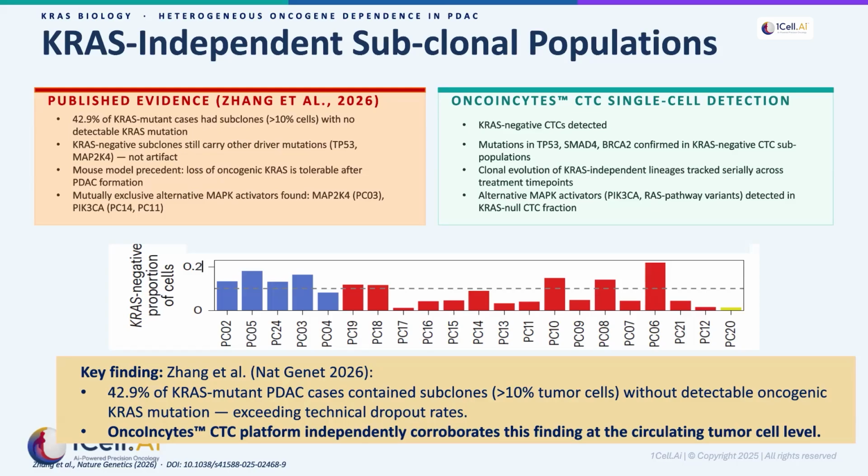Sometimes in the KRAS negative CTCs, the MEK pathway is still a driver. For instance, they may have SMAD4 or they may have other alterations in that pathway, but not always. Some of these CTCs are probably losing different pathways or exploiting different pathways in order to propagate the pancreatic cancer.